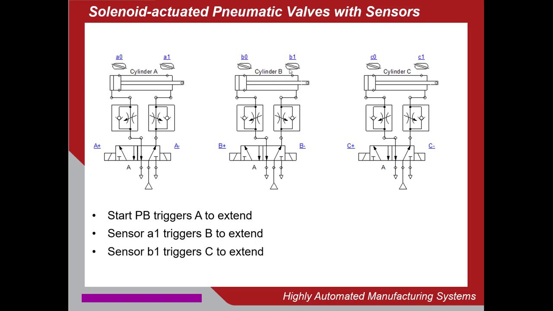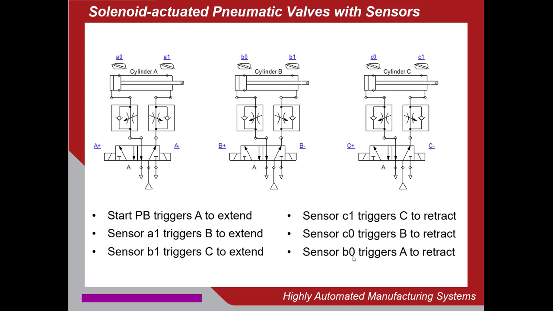Then sensor B1 is going to trigger cylinder C to extend. Then once C is extended, its C1 sensor is going to trigger C to retract, and then C0 will trigger B to retract, and B0 will trigger A to retract. So that's the basic idea.